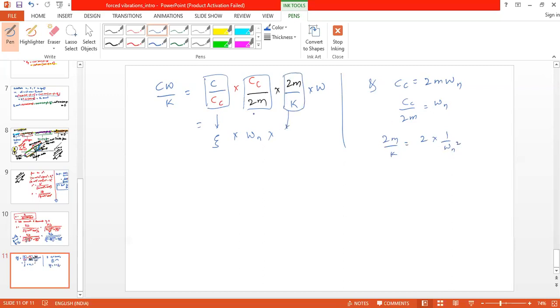So in place of 2m by k, I can write 1 by omega n square into omega. So these two omega n square will get cancelled. So finally, the answer is 2 zeta omega by omega n. Correct?